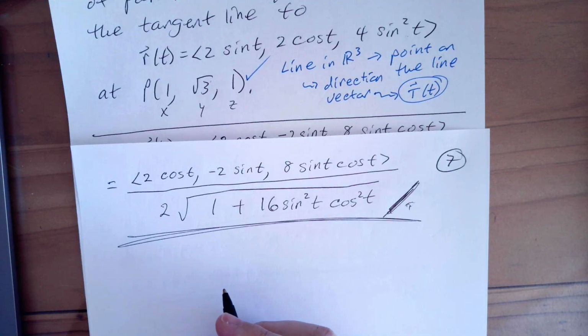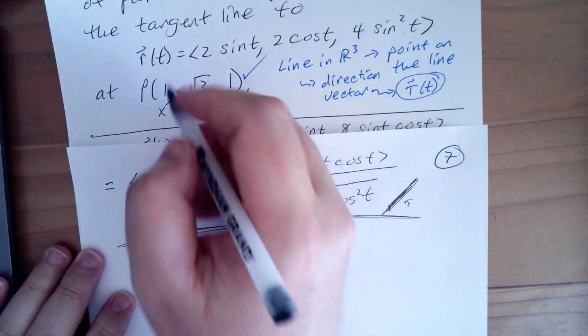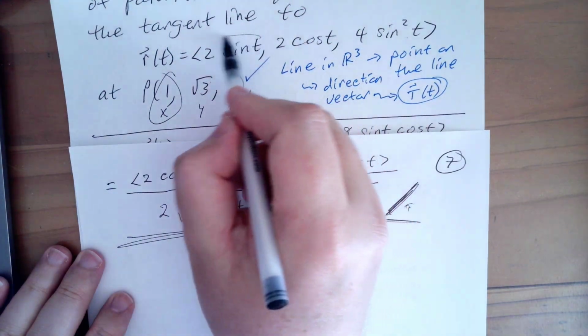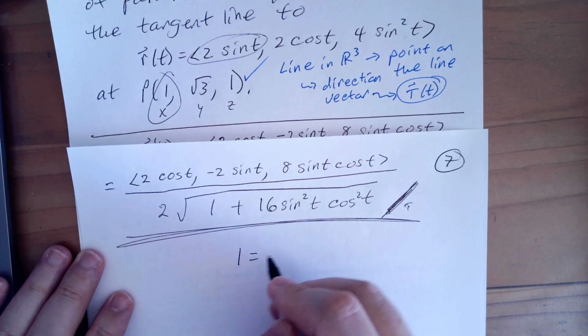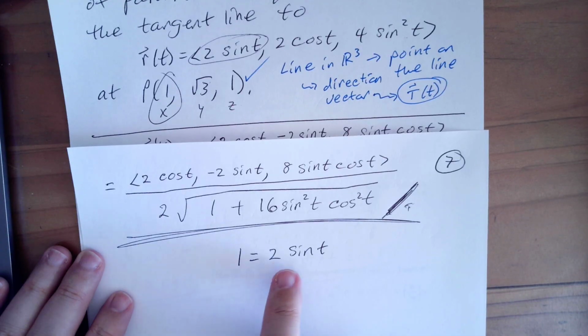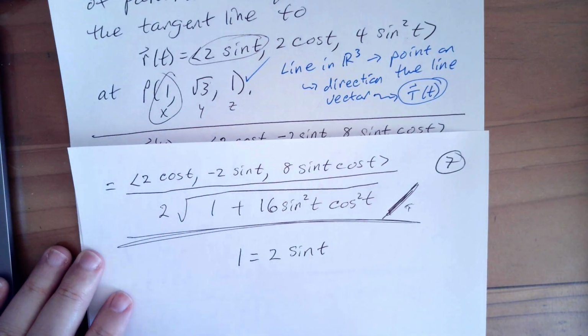So how can we get that? Well, we can take one of these coordinates, how about the first one, and equate it to the first component of r of t. So we'll have 1 equal to 2 sine of t. And if we solve this for t, we'll have the parameter value t that represents this point.